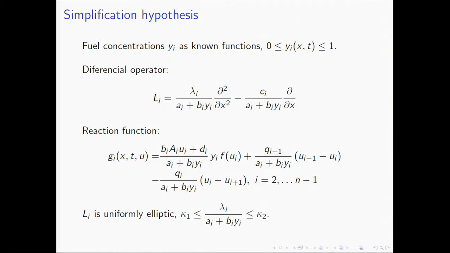This is not really the reaction function. The reaction function is this term, because f is the reaction function. This is the term of heat transfer from one layer to the other.